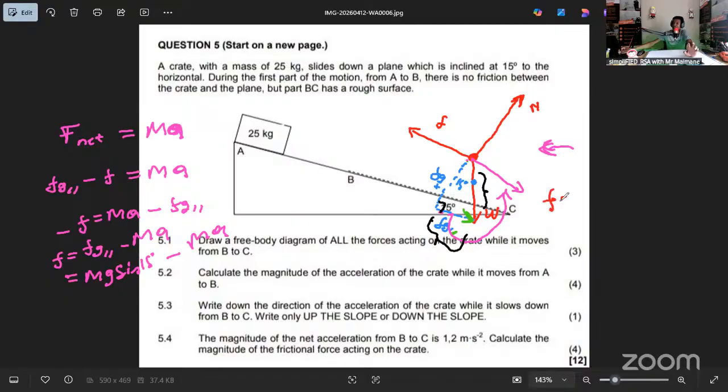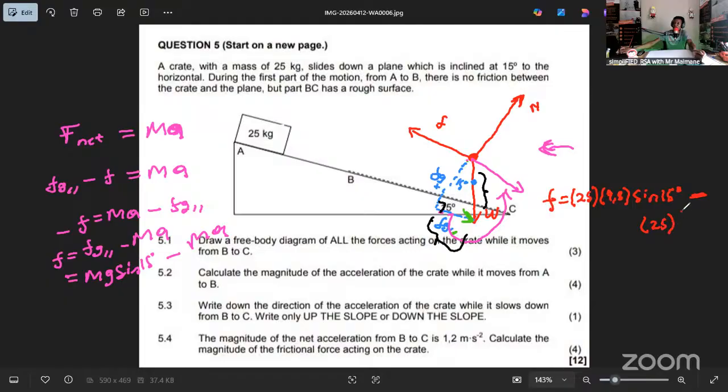So F is equal to, if I take the M out as a common factor, I don't have to. I just like to play with the maths, and I know some of you don't like maths, but 25, 9.8 sine of 15 degrees minus, I will write the other part here, minus M, which is 25.